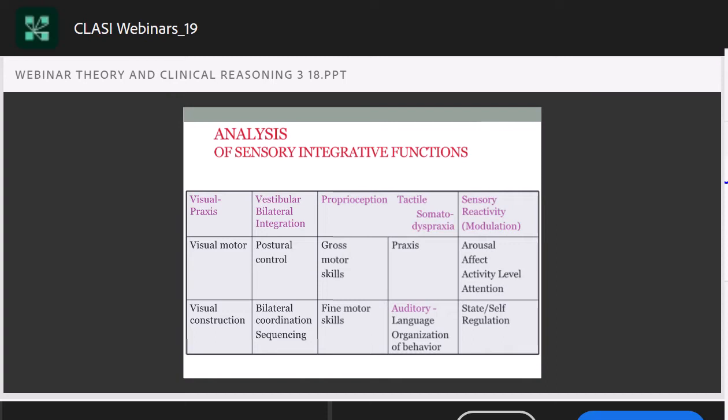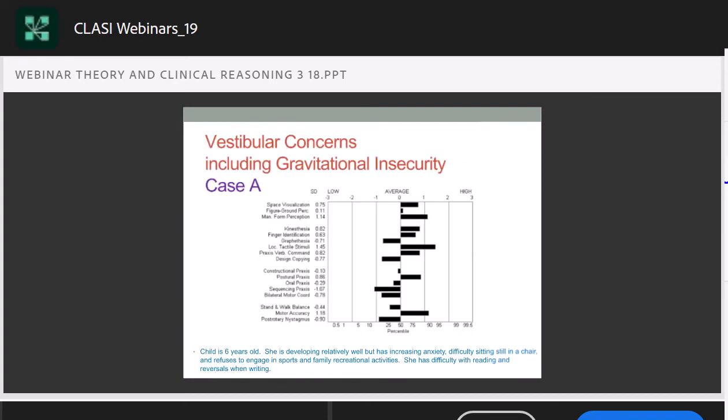Okay, now I'm going to just go back to our cases and just talk about how I see the assessment data and how that theory informed my clinical reasoning about these different cases. Now, what you see in case A is sensory integration and praxis test scores that are pretty much in the typical range.